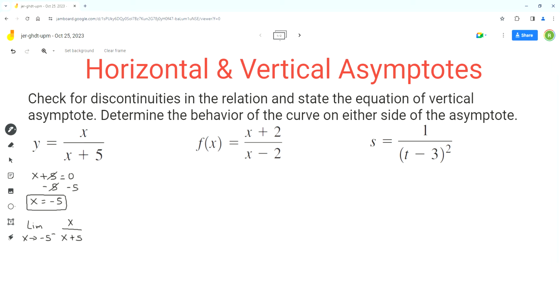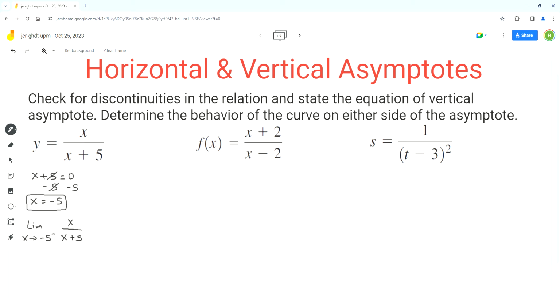Now we have to find out whether this function value approaches positive or negative infinity. For that we use an x value just to the left side of -5. So a value very close to -5 and to its left side on the number line will be like -5.1 or -5.01.